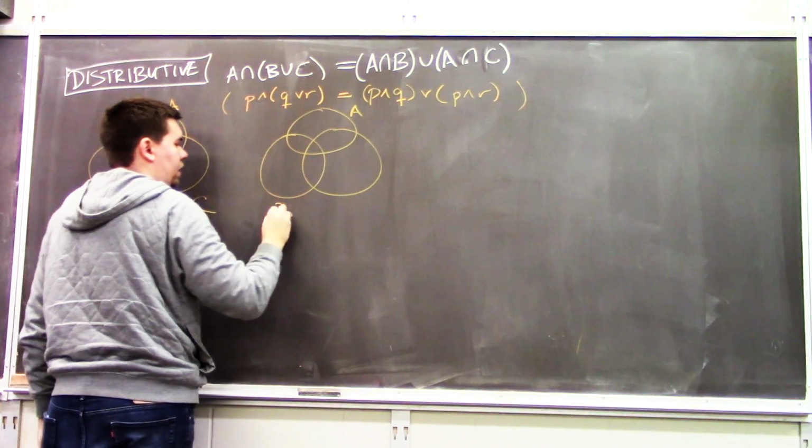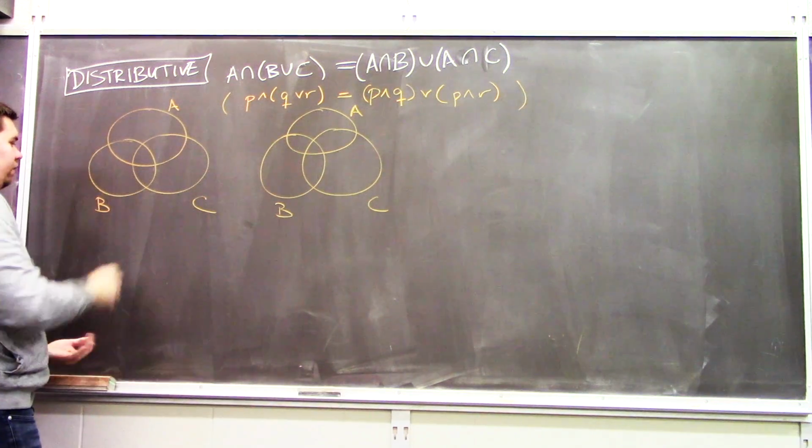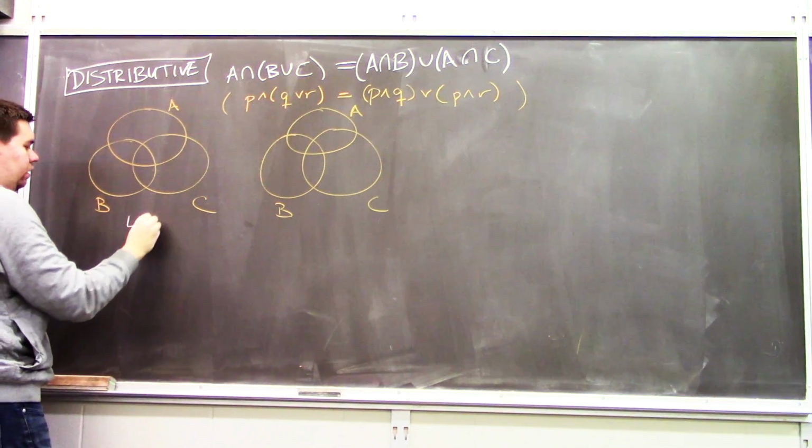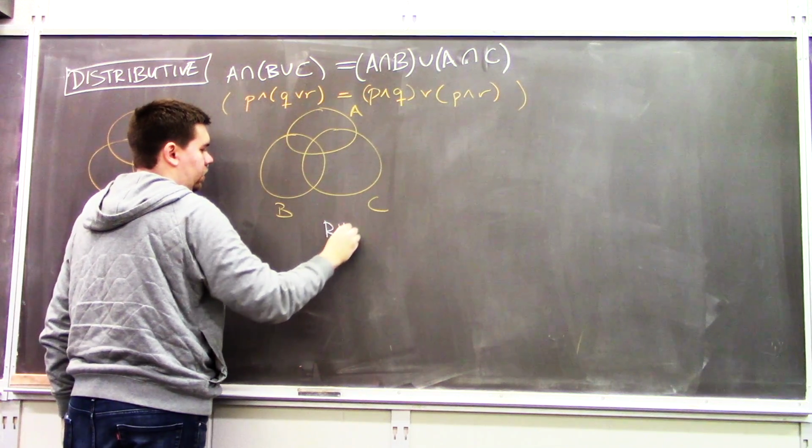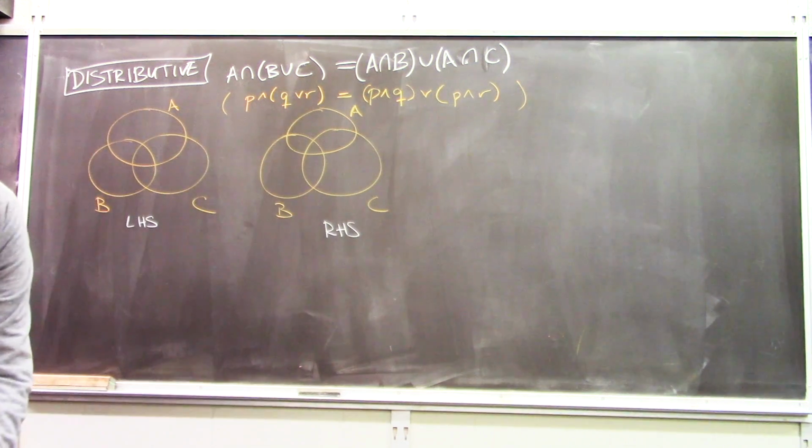A, B, C. We'll let this Venn diagram represent the left-hand side, and this one will be the right-hand side. And you can just check it.